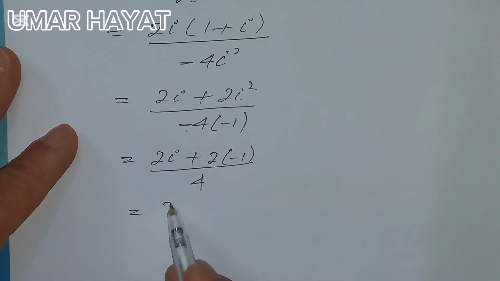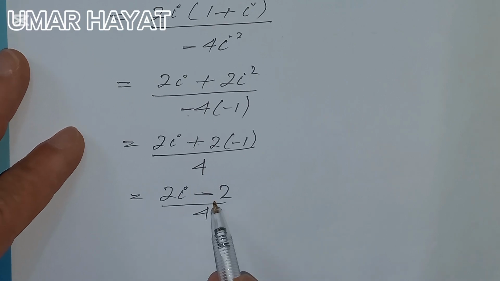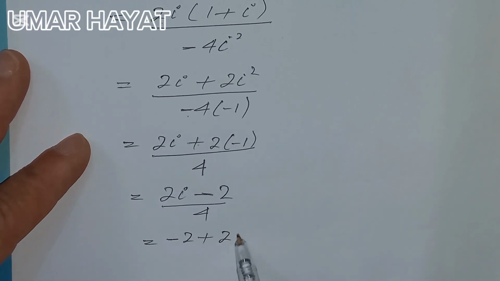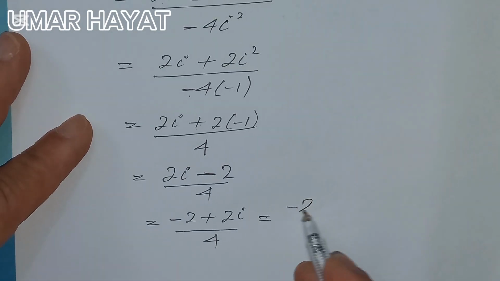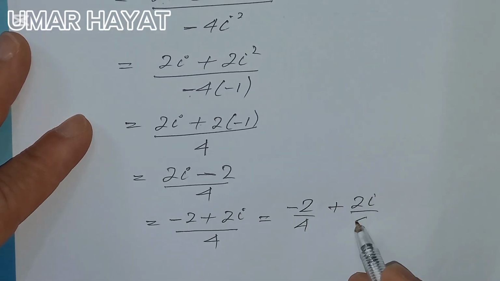The next step is 2 iota plus, minus minus plus, multiply minus minus, 2 ones are 2, divided by 2 ones... Now this can be written as (minus 2 plus 2 iota) by 4. Now the next step is minus 2 by 4 plus 2 iota by 4.